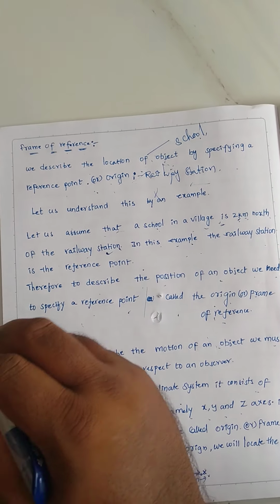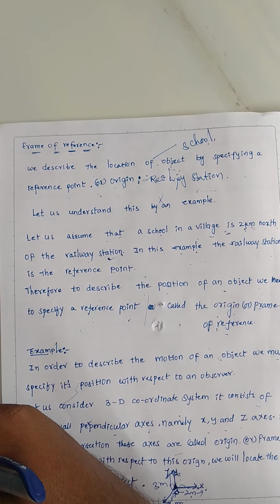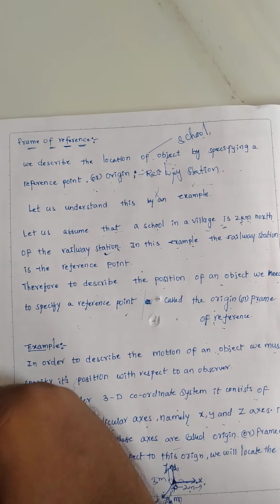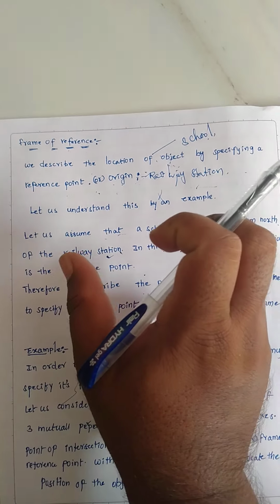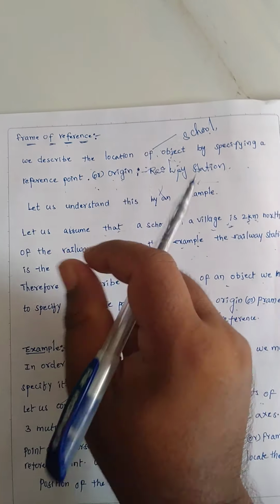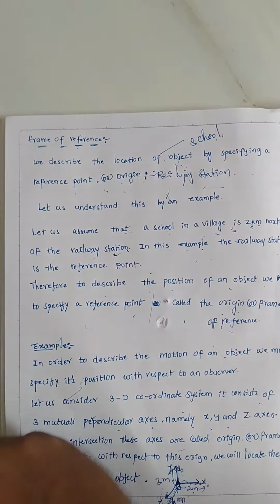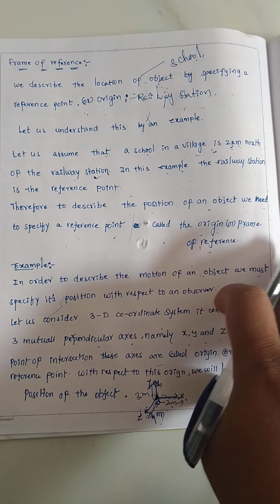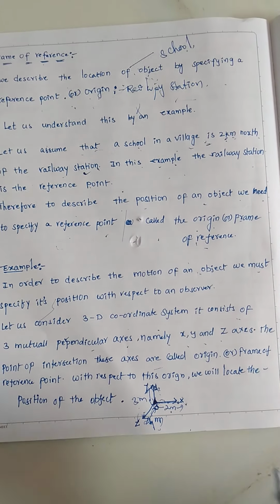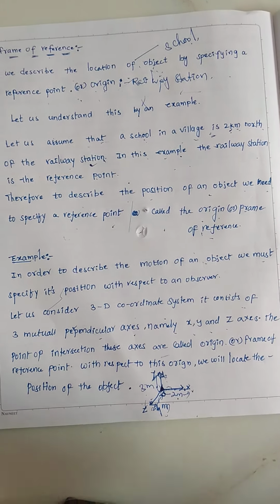So to describe anything, we require some reference point. This phenomenon is known as the frame of reference. And not only that, you can consider some 2D coordinate system and 3D coordinate system.